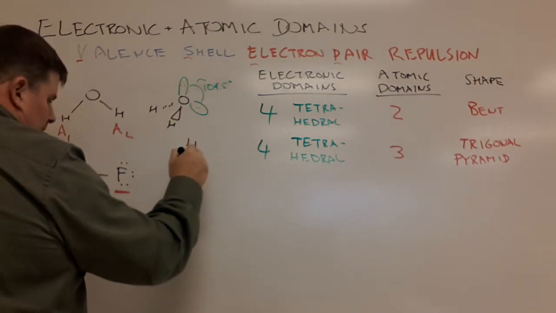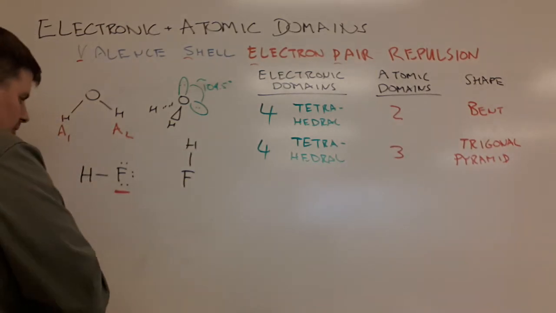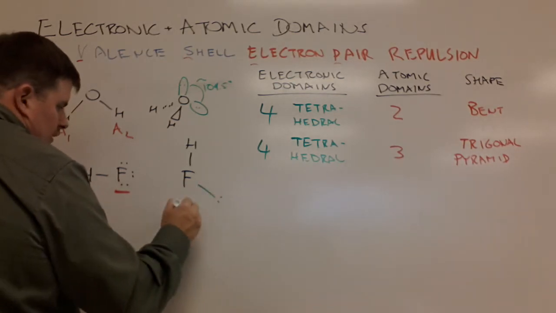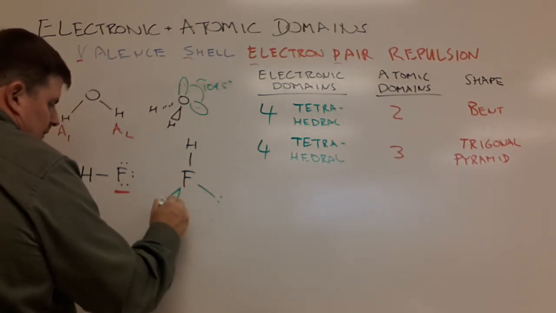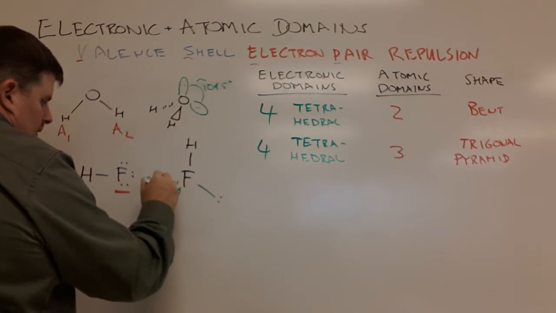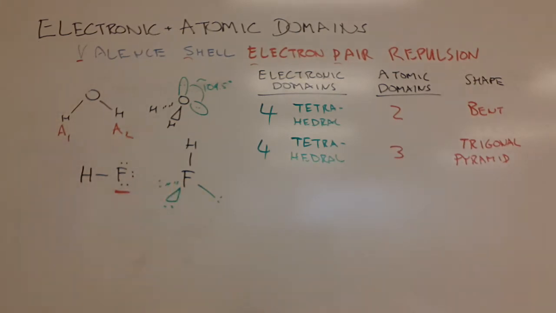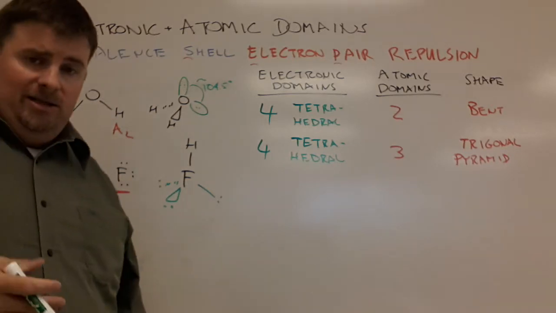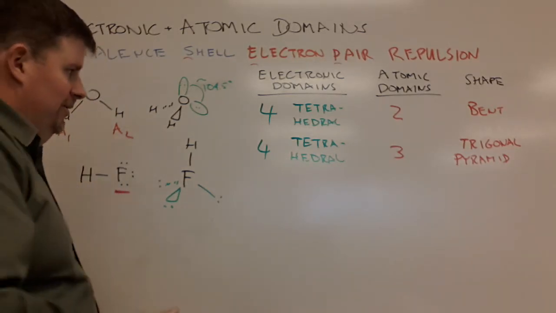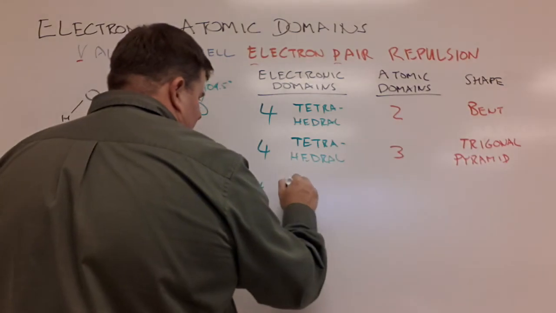I'll put this up here. And all the other lone pairs that are around it are going to be in these shapes. Okay? So what's the electronic domain or electronic structure around fluorine? Still got 4 electronic domains. So guess what? It's still a tetrahedron.